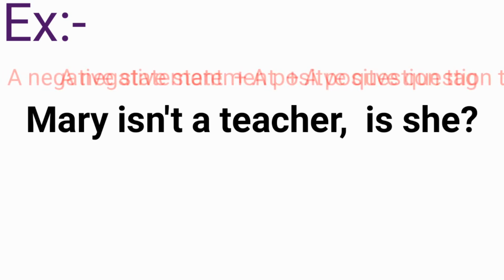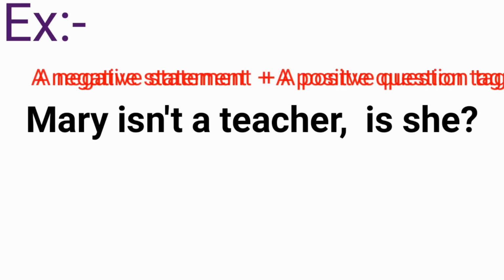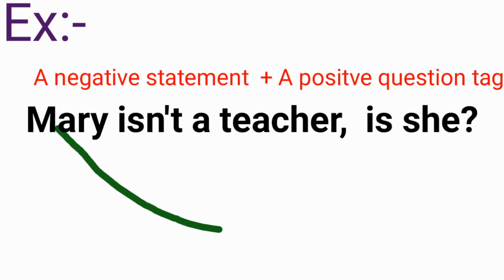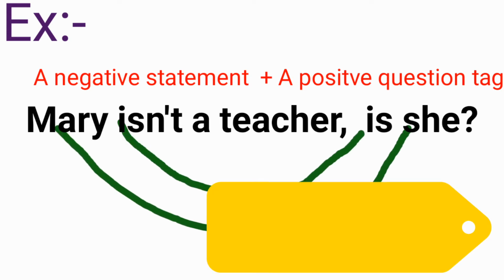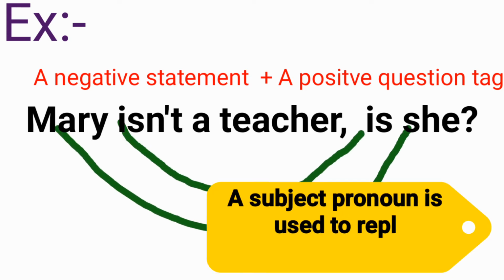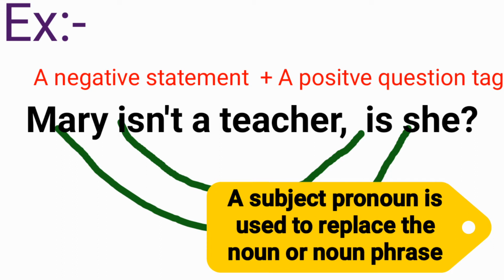Another example, Mary isn't a teacher, is she? Here, Mary isn't a teacher is a negative statement and is she is a positive question tag. A subject pronoun is used to replace the noun or noun phrase.